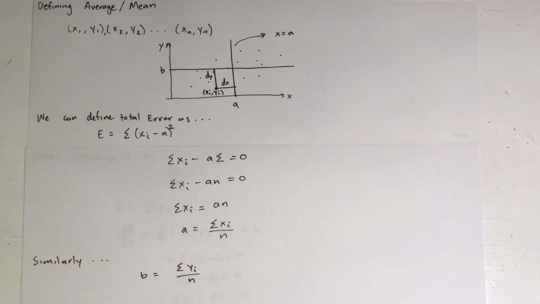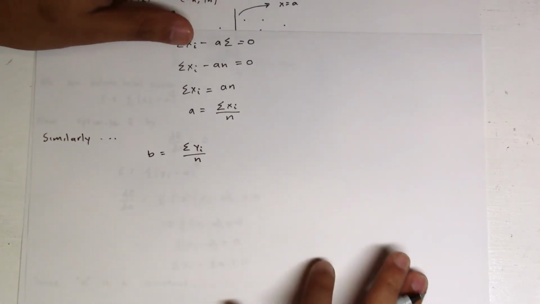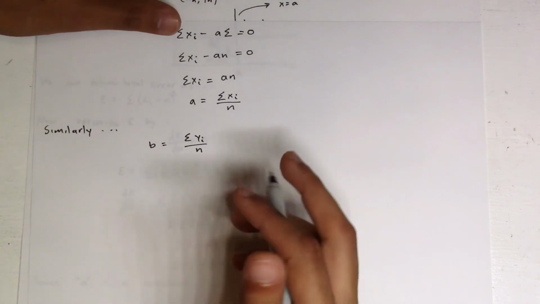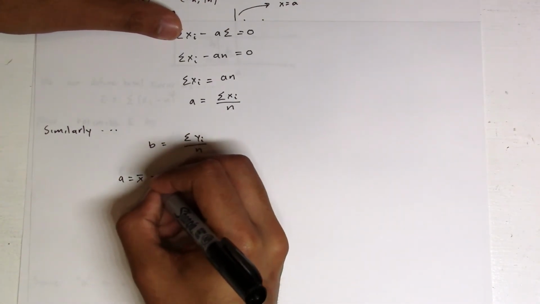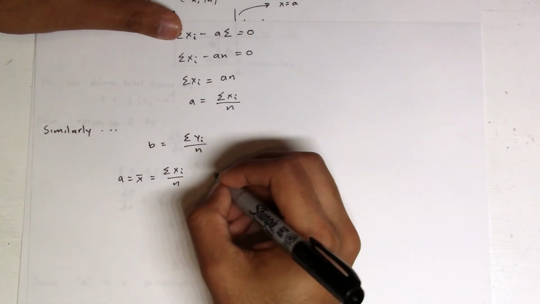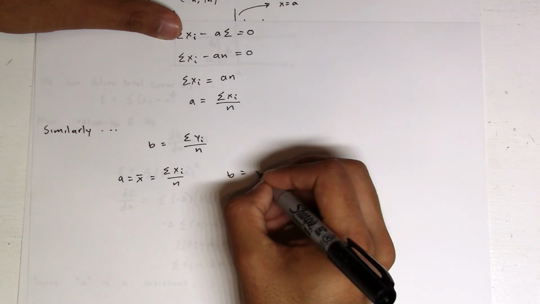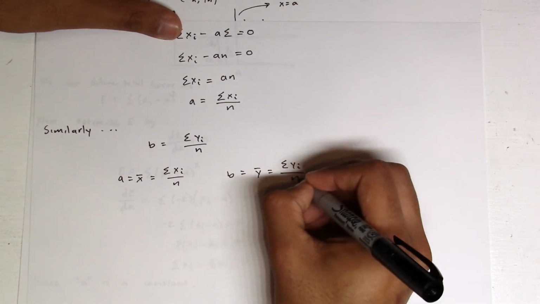And now we're going to introduce new notations of average values. As you have seen earlier in my videos, we could write a equals x bar, which is the average value, the sum of xi divided by n, and then b equals y bar, the sum of yi over n.